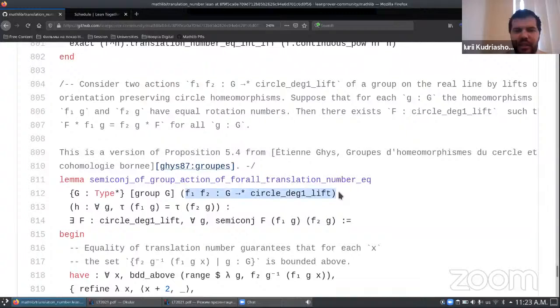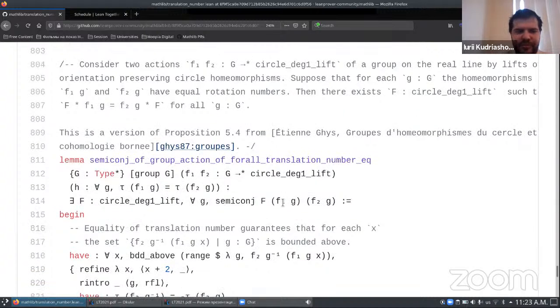If you have a group and you have 2 monoid homomorphisms from this group to our monoid of circle degree 1 lifts of maps, and for any element of the group the translation numbers, I use this notation for the translation number, are equal, then there exists a possibly discontinuous circle self-map that semi-conjugates one action to another.